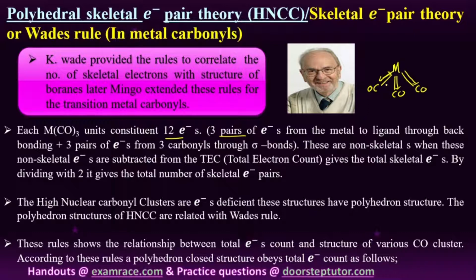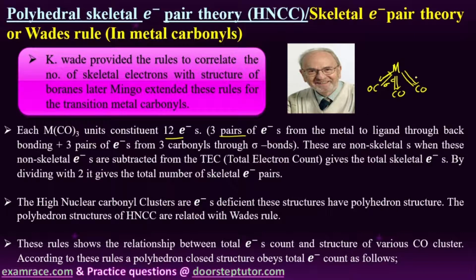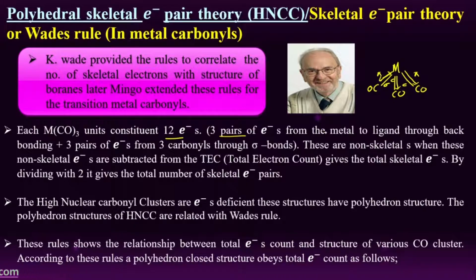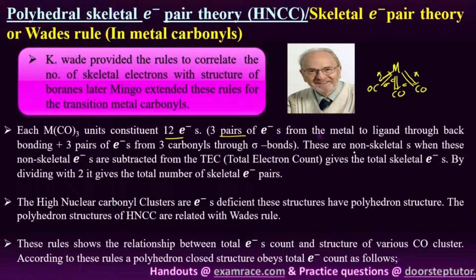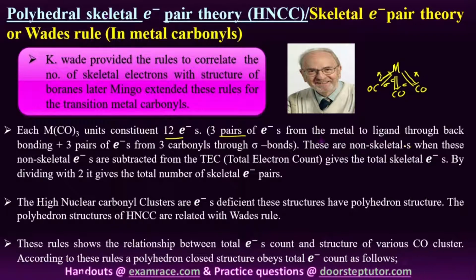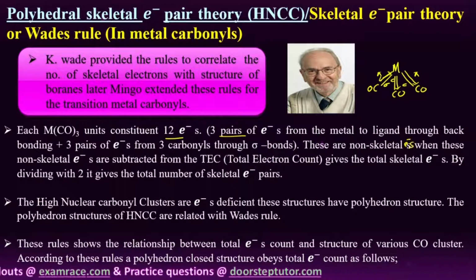Here you can see the sigma bonds. From metal to carbon it is back bonding, or d-pi to p-pi bonding. These we call non-skeletal electrons.